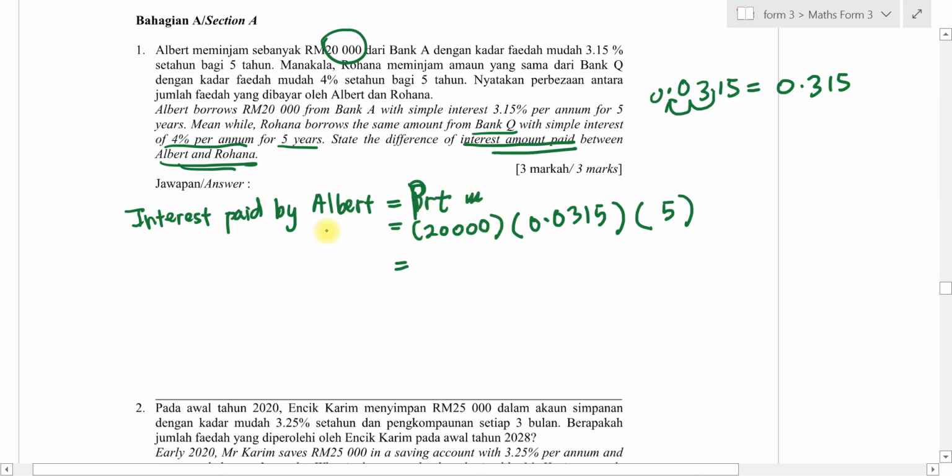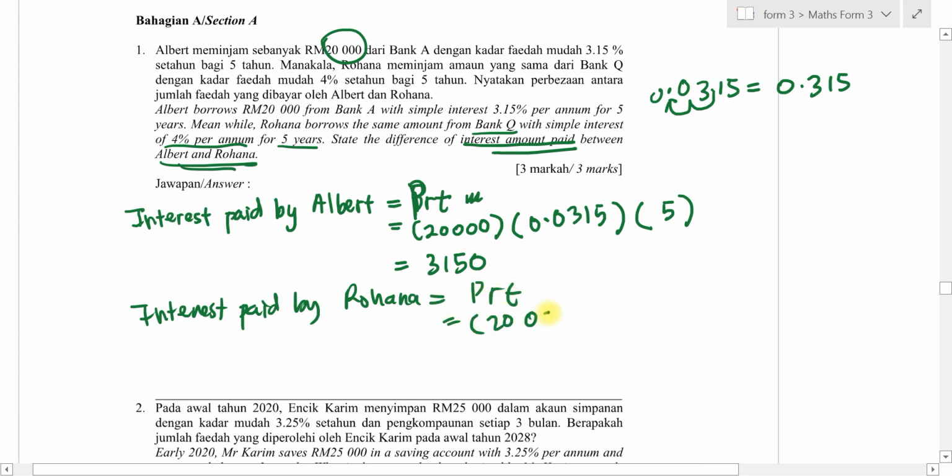PRT: 20,000 times 5 times 0.0315 gives 3150. So the interest paid by Rohana, PRT as well. The same principal, but a different interest rate of 0.04, for 5 years.